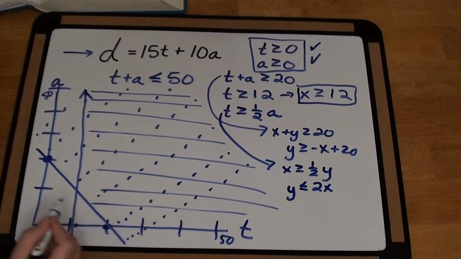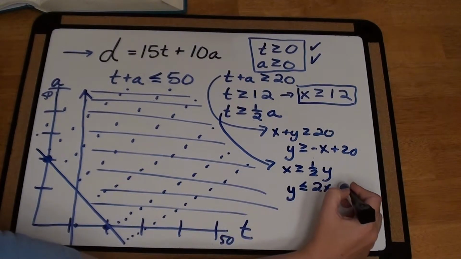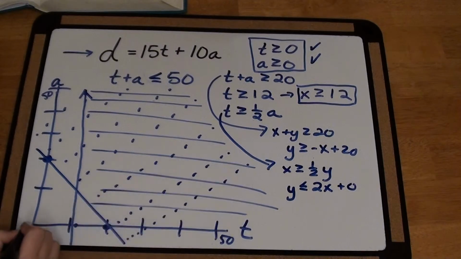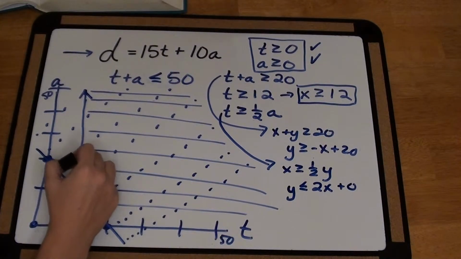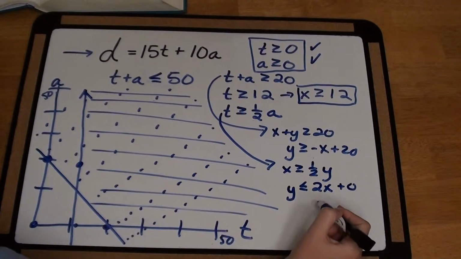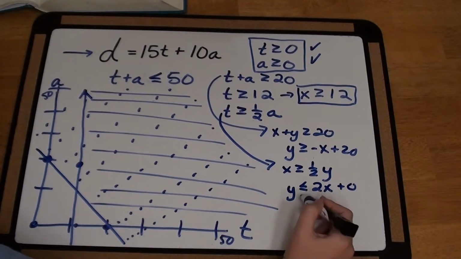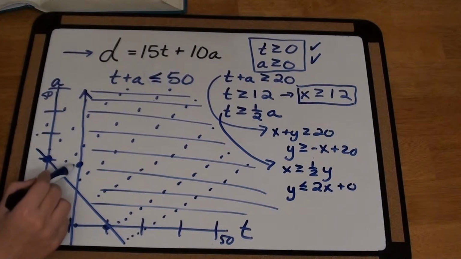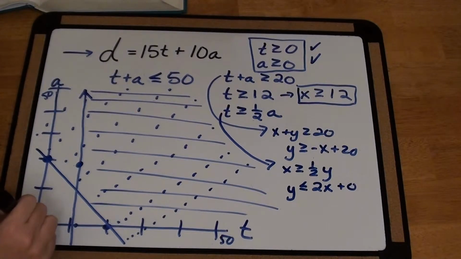So here, this is the same as plus 0. We have an intercept of 0, and then what I'm doing here is just coming up with another point. If I said that x was 10, then y would be 20. So there's my 10, 20 point. So I'm going to make my line, and here it is less than or equal to, so it's a solid line again.